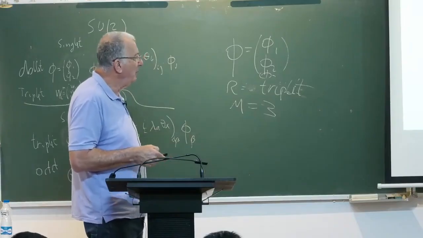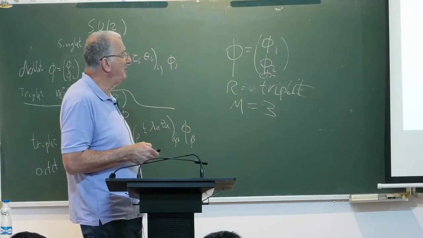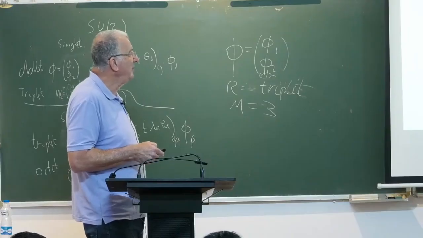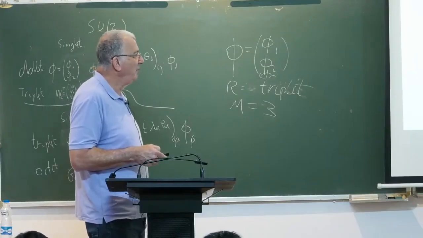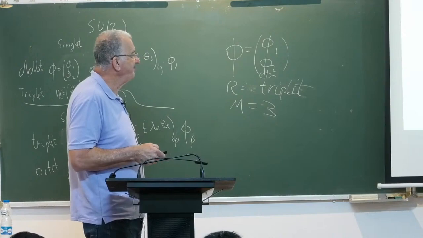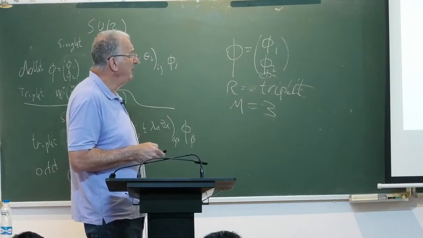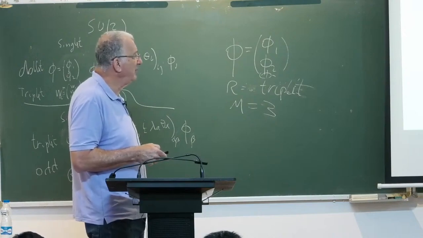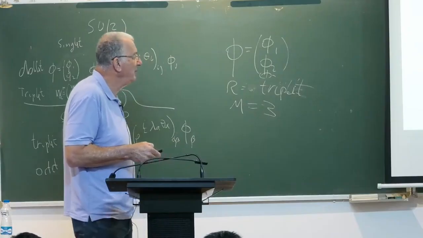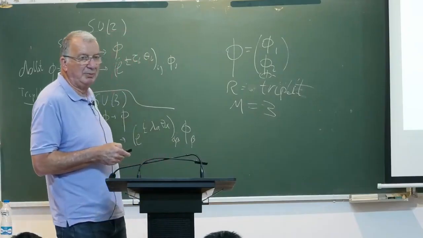I will not go into details, but for a U1 symmetry, let's say that all your fields have the same charge 1, then beta of G is the number of such fields times G1 cubed over 24 pi squared. And the important thing is that it has a positive sign.